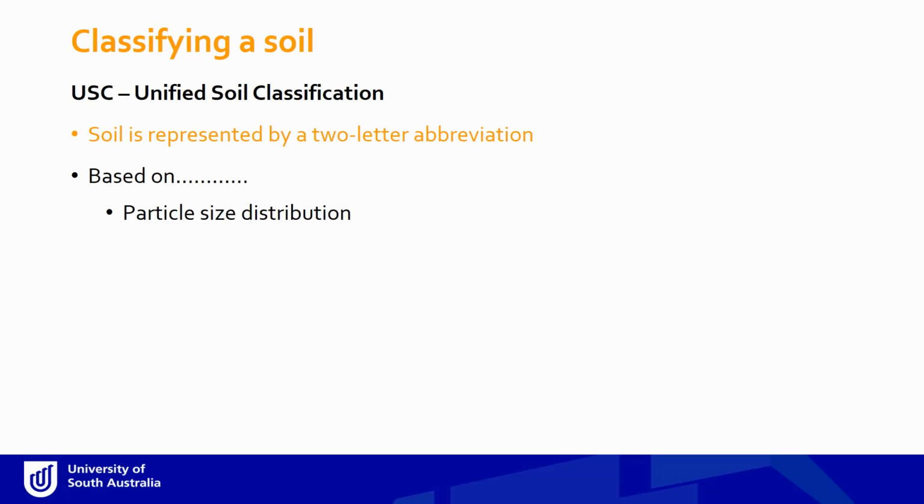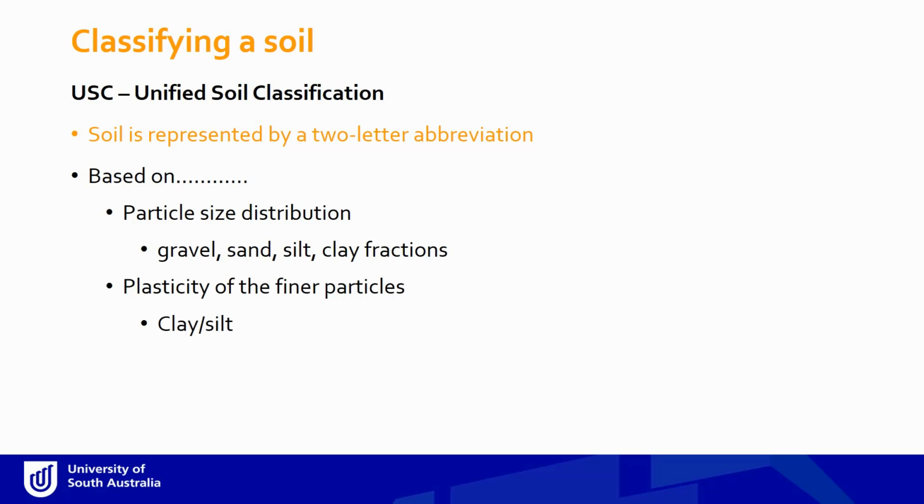The classification is based on the soil's particle size and its distribution, especially for gravelly and sandy types of soil. Other types of soil have behavior often controlled by the plasticity of the finer particles. We'll learn about what plasticity is a bit later anyway.